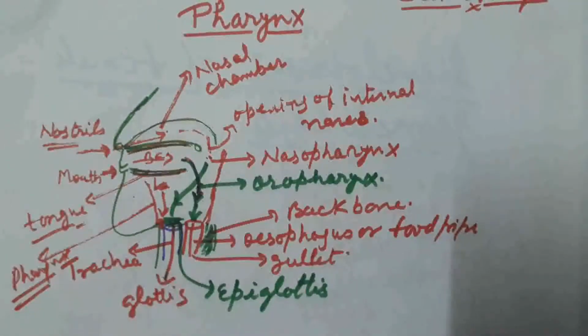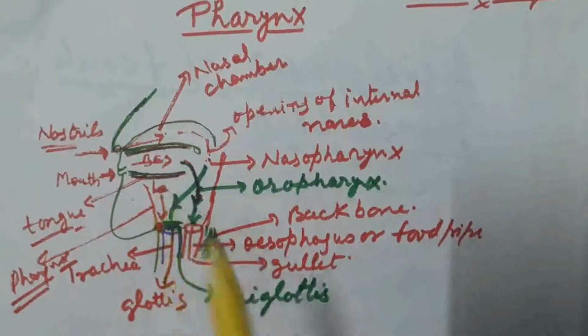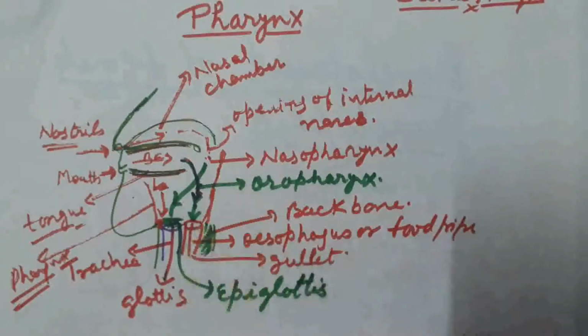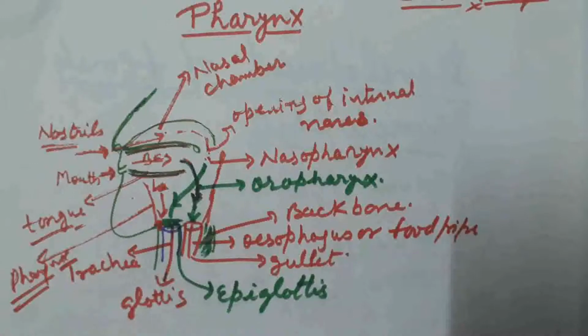So there are two areas, the oropharynx and laryngopharynx, lined with non-keratinized stratified squamous epithelium, and the nasopharynx is lined with ciliated columnar pseudostratified epithelium.